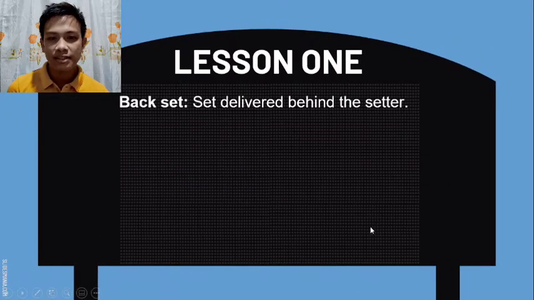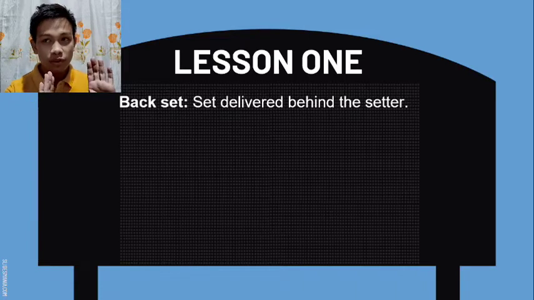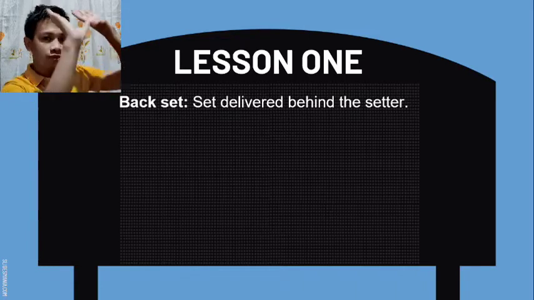Next, back set. Set delivered behind the setter. So, normally, nangyayari yan sa, of course, sa set ng setter. I'll give you some videos about this, but you normally see this pag ganito.